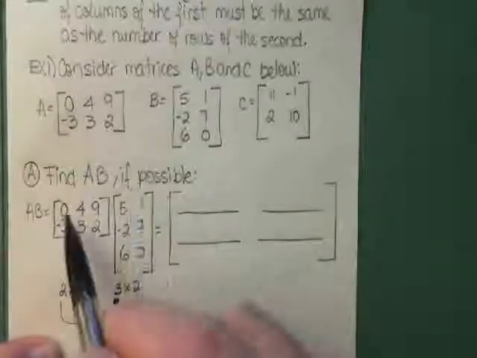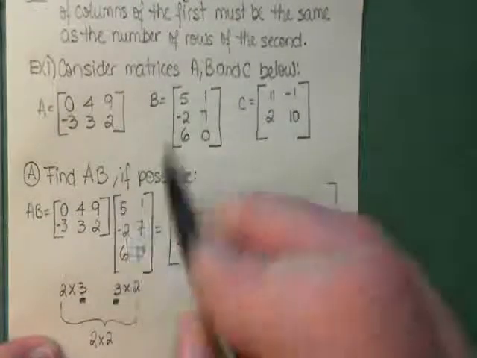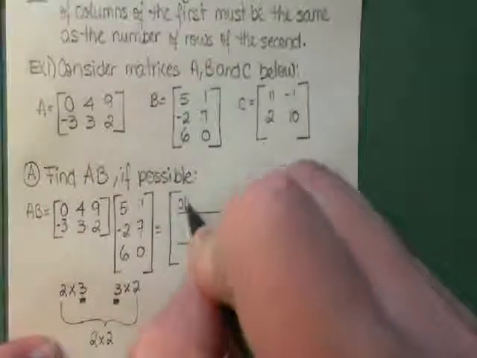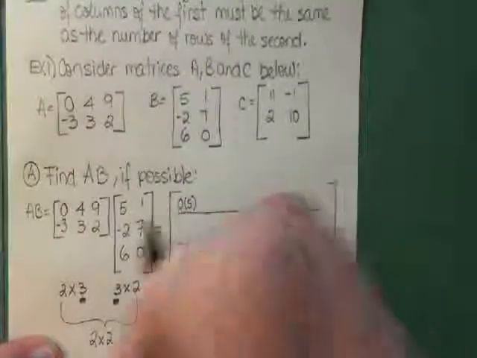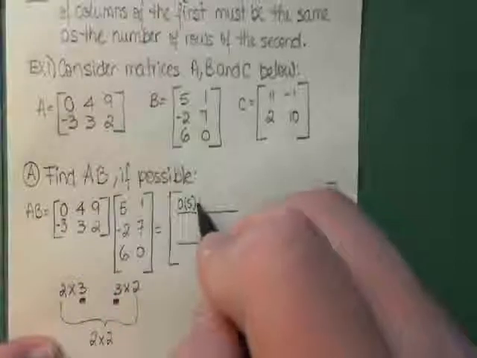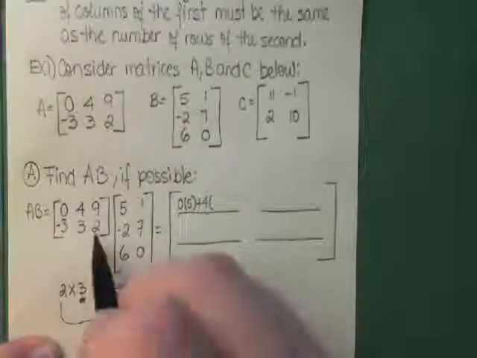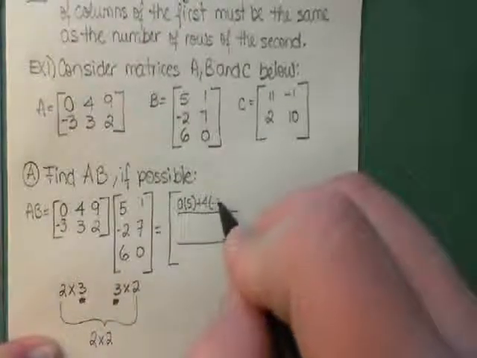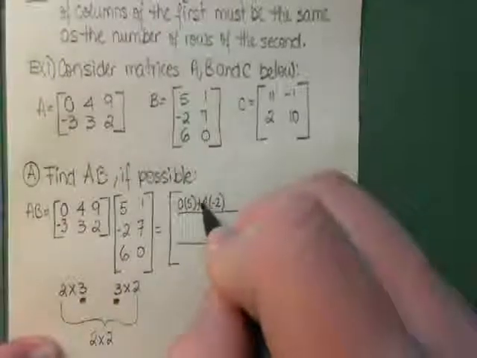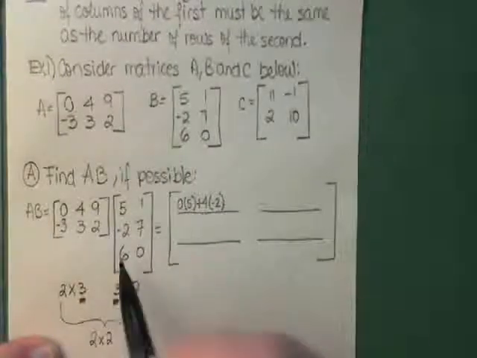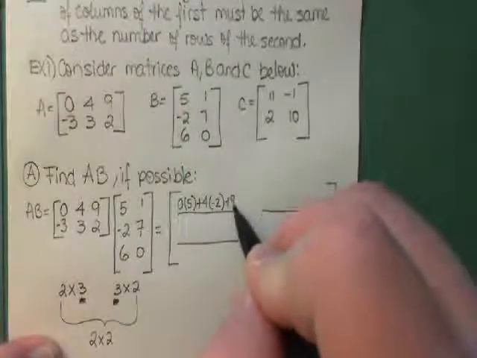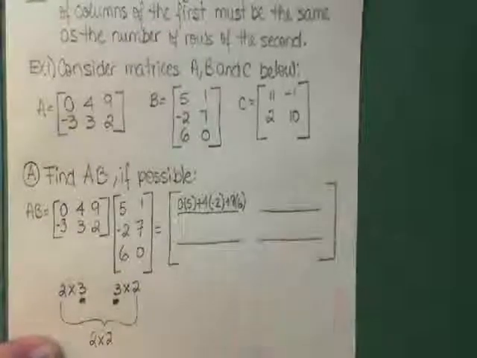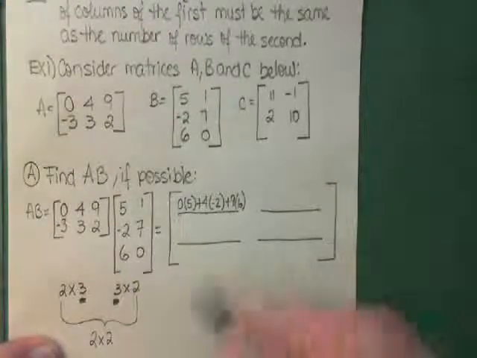So let's see how we write it. 0 times 5. So we write 0 times 5, then plus 4 times negative 2, and 9 times 6.